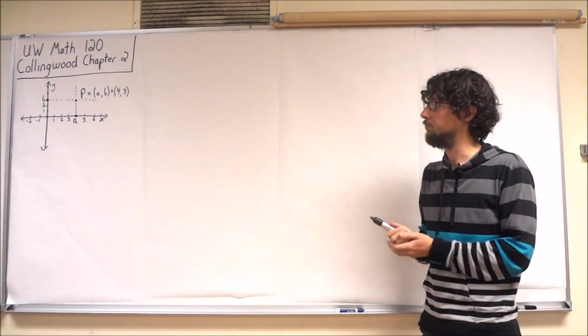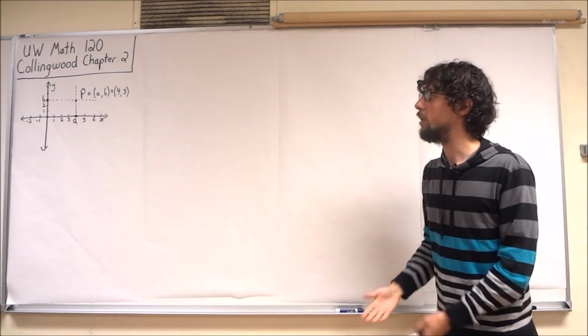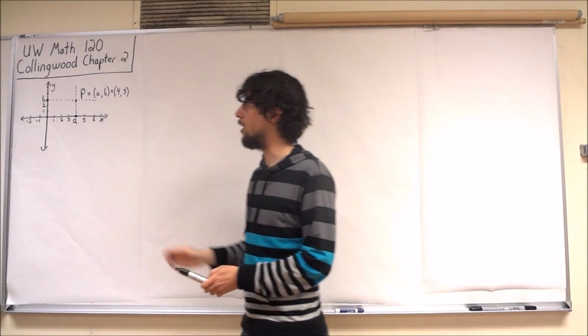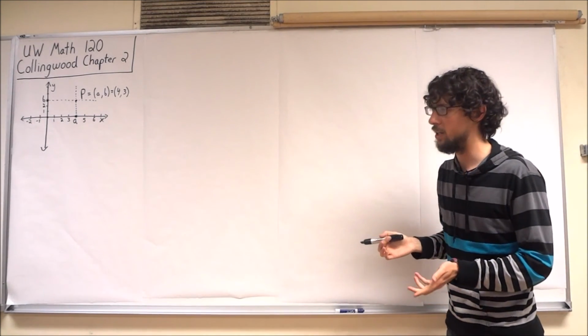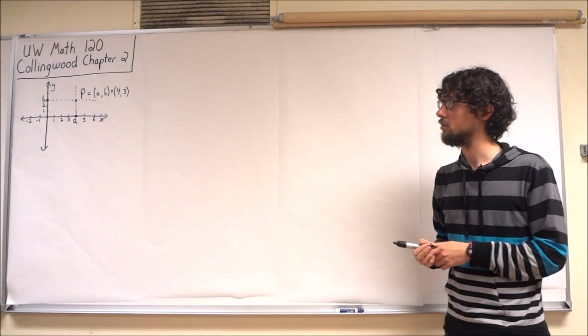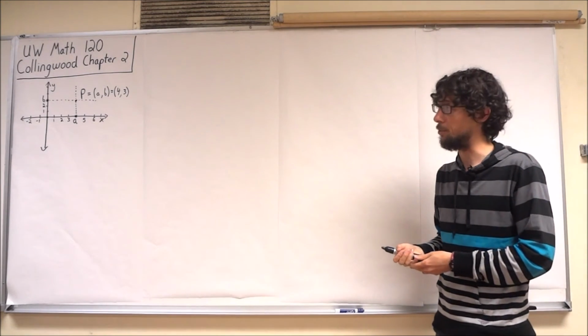That would be weird. We could try it. We could also keep the labels on the axes the same, but instead drop our insistence that the axes be perpendicular. Also would be a little bit weird.